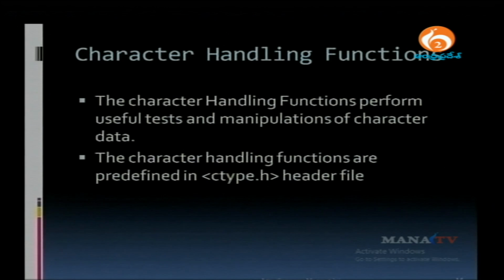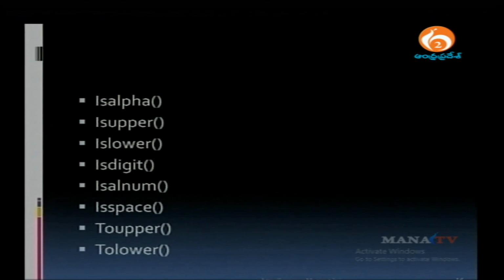There are so many character handling functions available in C language. One of them is isalpha, isupper, islower, isdigit, isalnum, isspace, toupper, tolower. These are all predefined character handling functions.